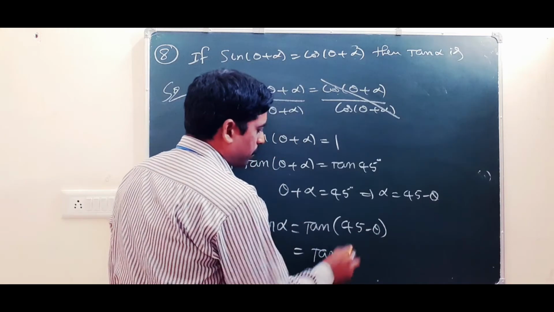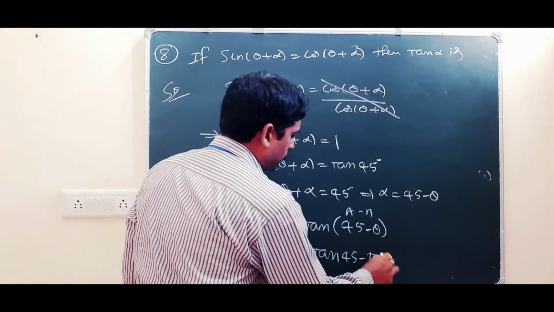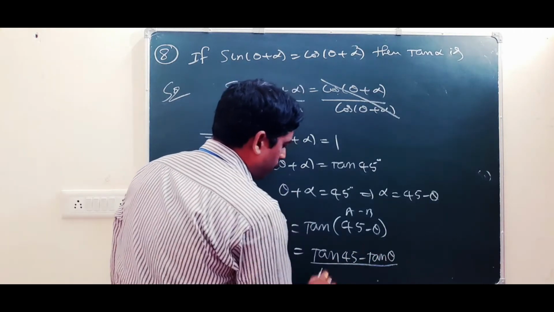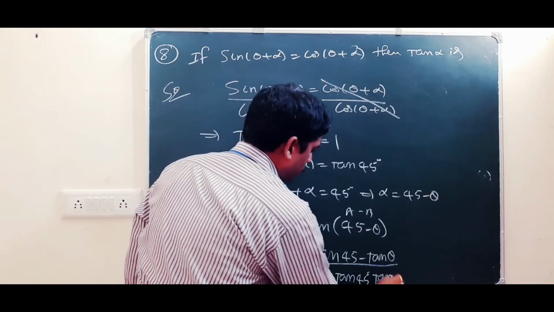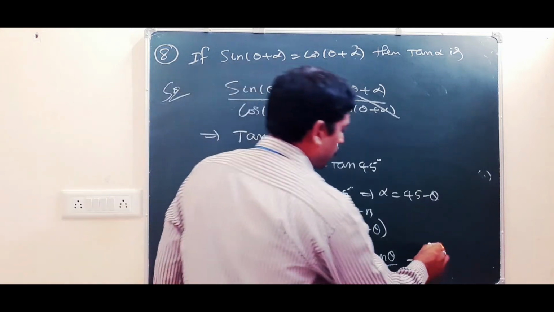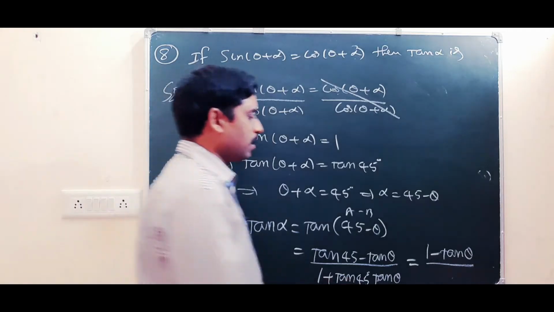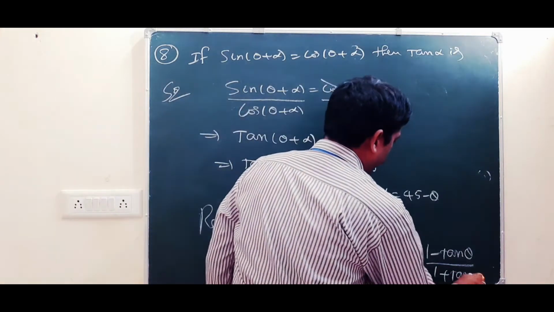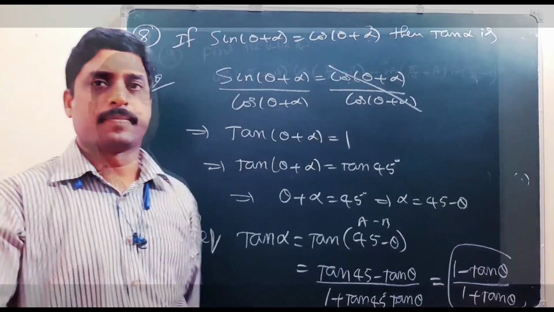This is A, this is B. So tan 45 minus tan theta by 1 plus tan 45 into tan theta. Tan 45 value 1, so 1 minus tan theta by, in denominator, 1 plus tan theta.